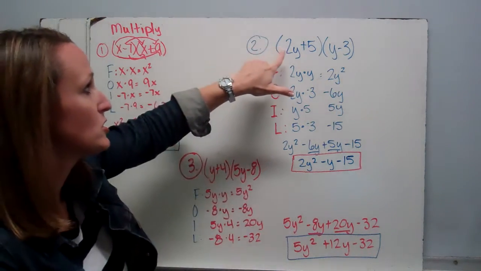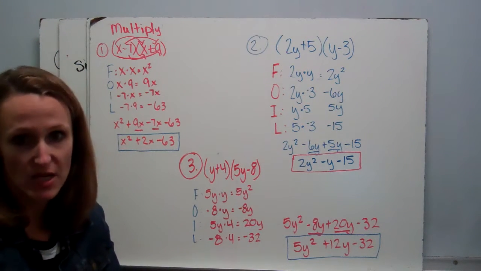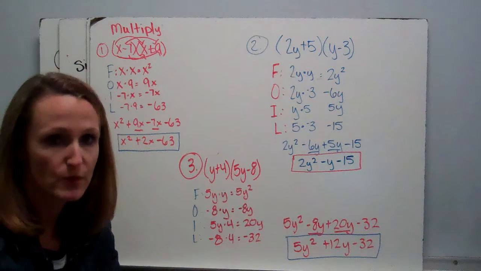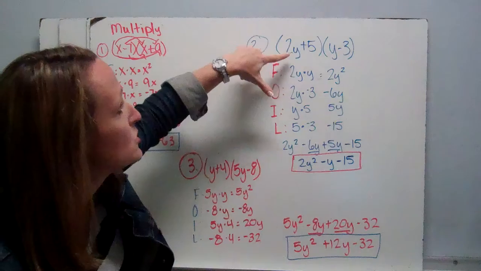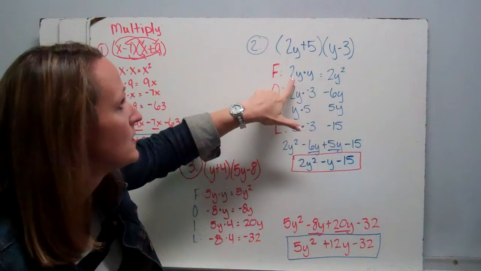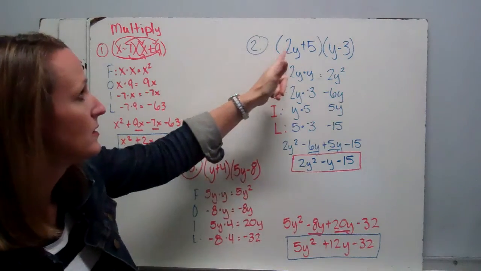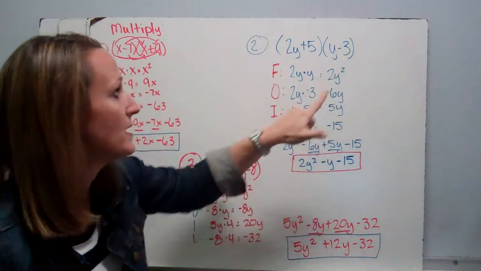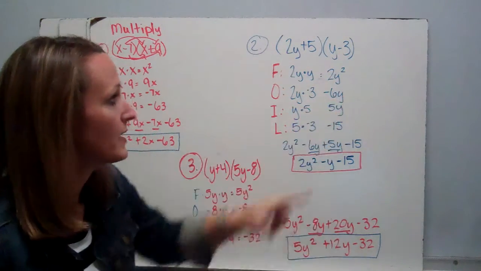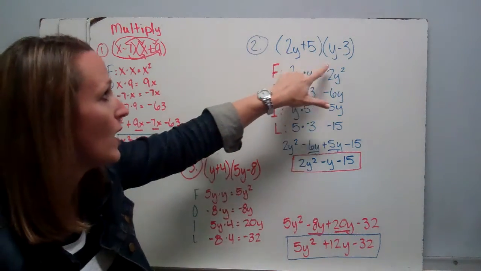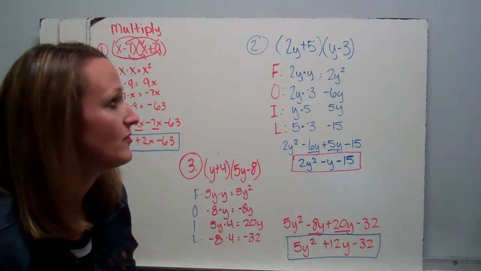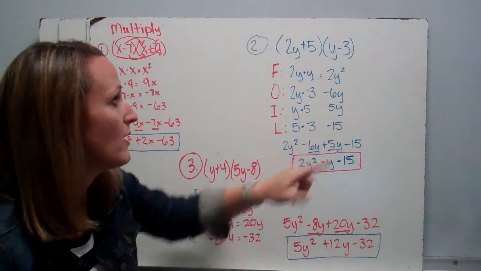I added an extra term here, but that does not change how you solve it. FOIL will still work. First, 2y times y, 2y squared. Outer, 2y times negative 3, negative 6y. Inner, y times 5, or 5 times y, 5y.